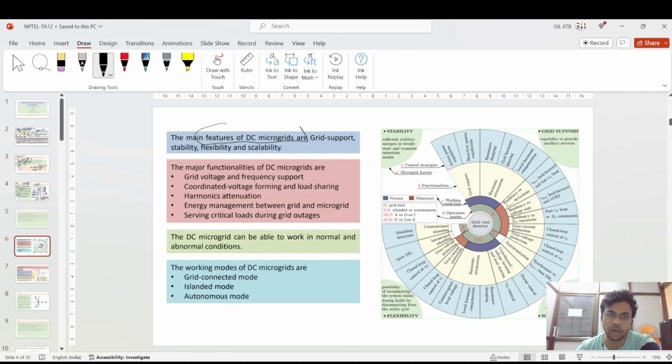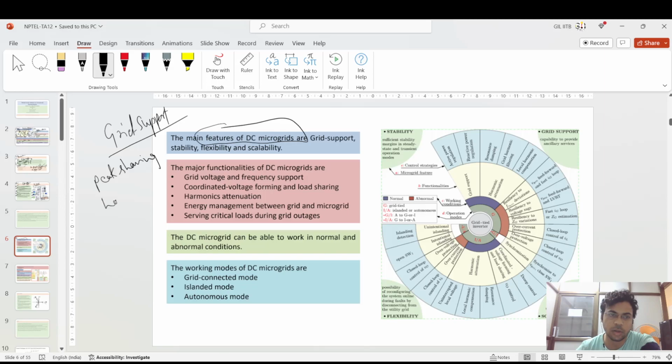So coming to the flexibility part, that is the features. Features of the DC microgrid are such that it can provide grid support when the generation is more. In the last tutorial session, I explained various concepts such as peak saving, load reduction, power leveling of the load curve, and shifting of the load curve.